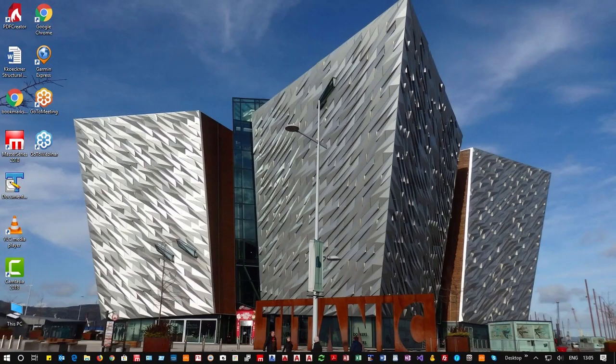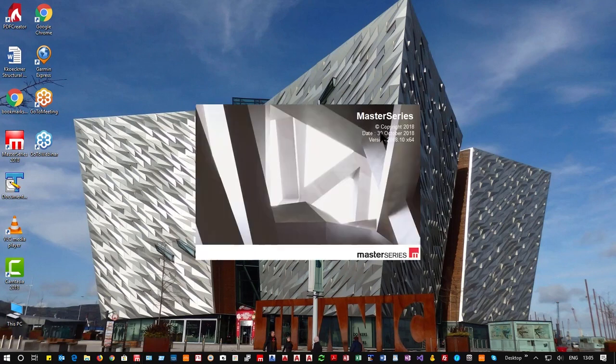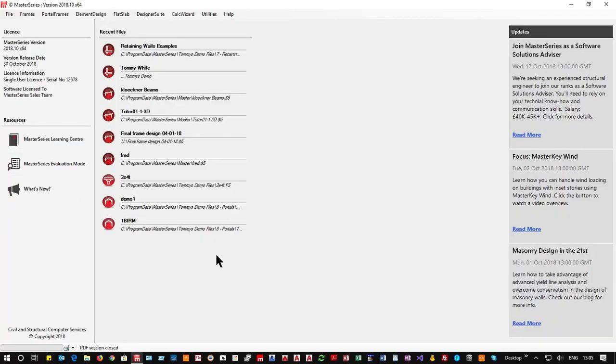Press escape from that. Going to start the MasterSeries, and I can see I'm using a 30th of October version of the software. And here we go to the front screen. So we're using a 2018-10 from the 30th of October. It's a single license to myself, some notes down the right hand side, and some shortcuts to files.